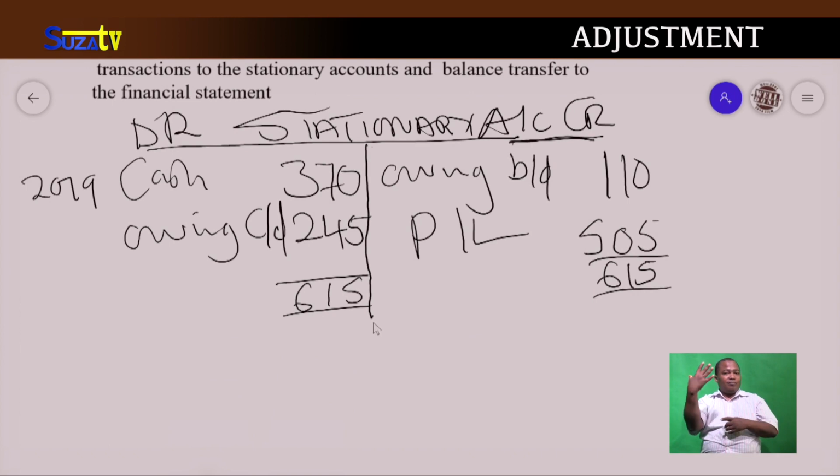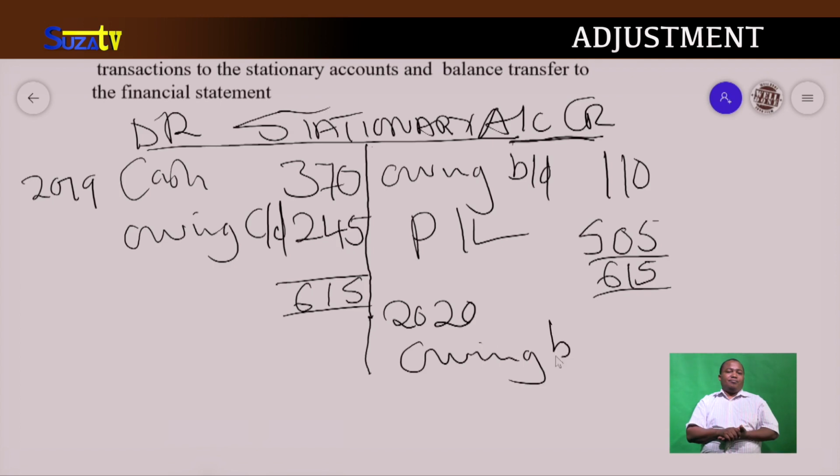And the owing CD should be transferred on the credit side for the next year. It means 2020 is known as owing BD 245.